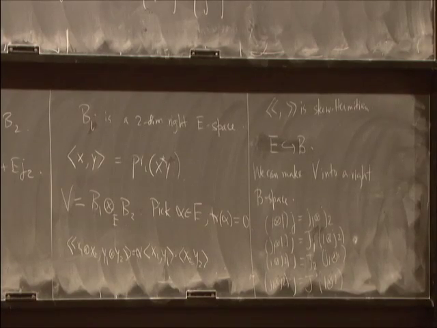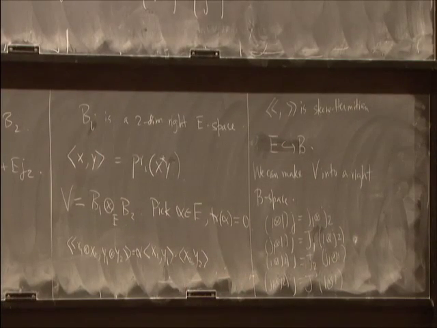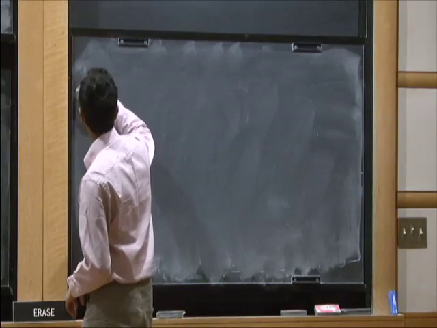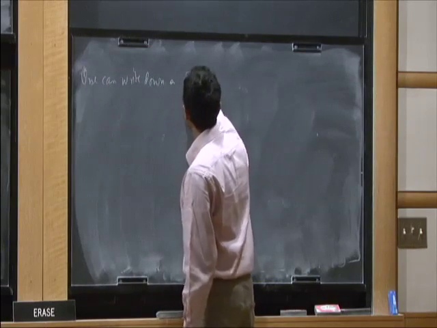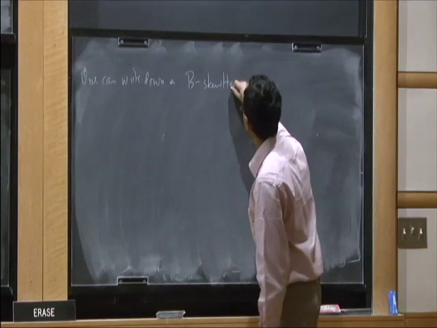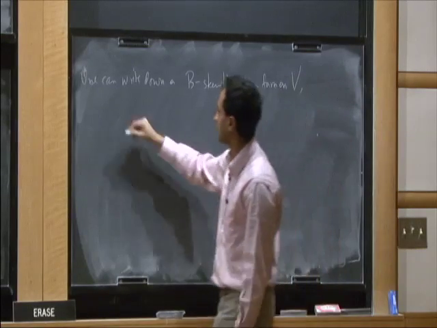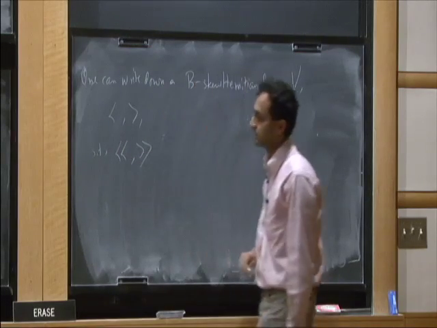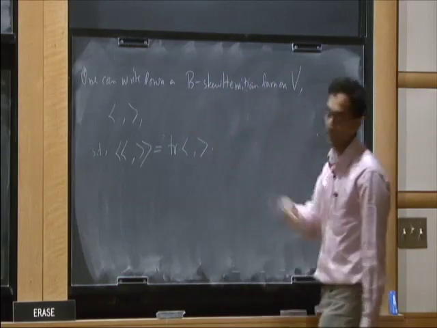In fact, one can write down a B skew Hermitian form on V, which I'll call bracket, such that the E skew Hermitian form is just the trace of the B skew Hermitian form.